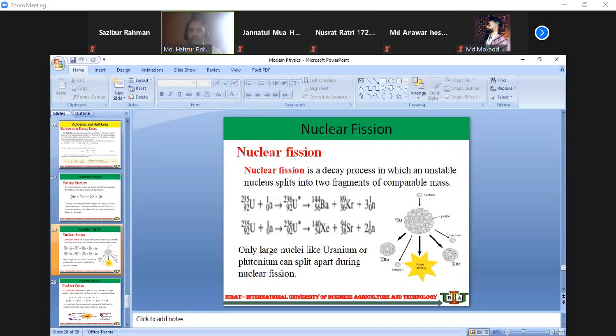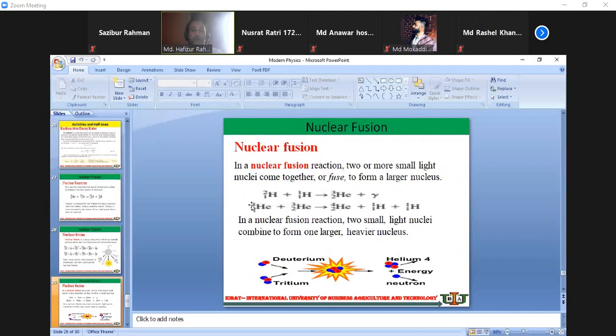And the basic criterion is that it produces a huge amount of energy within a very short time. Okay, so this is fission, and fusion.